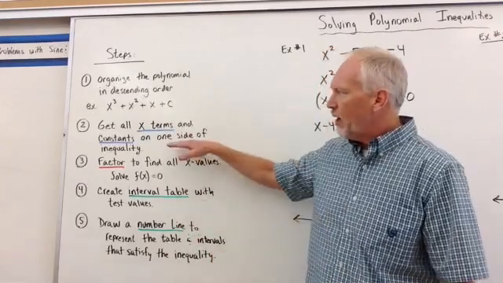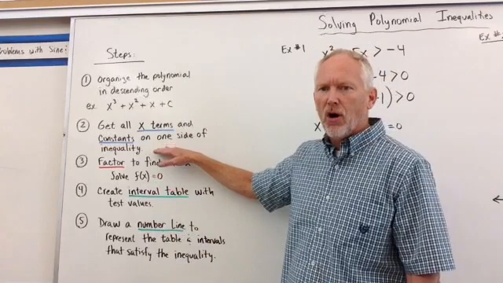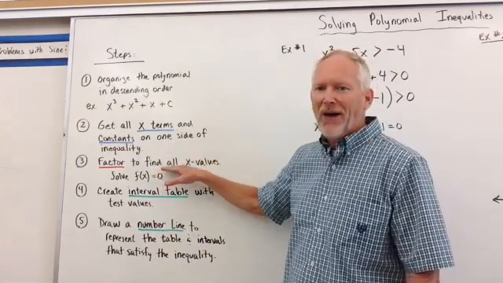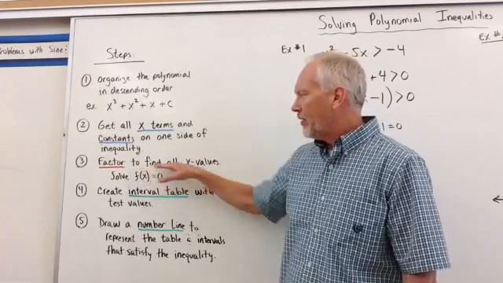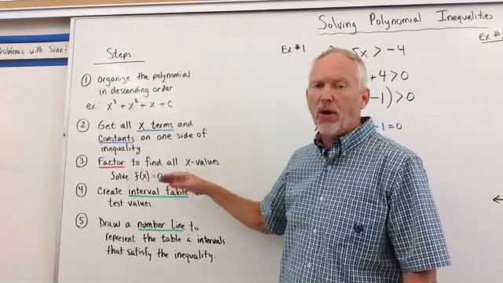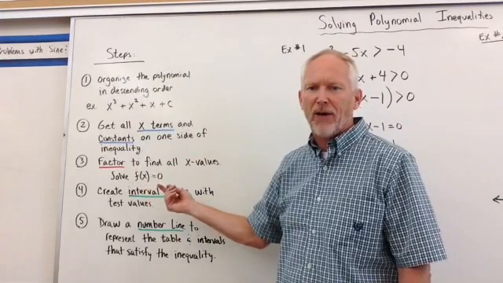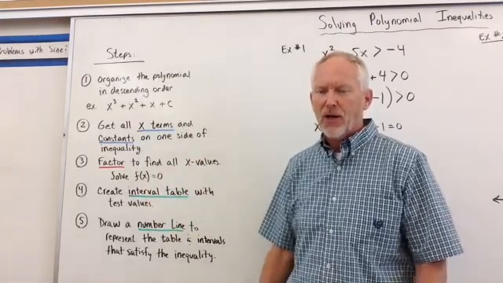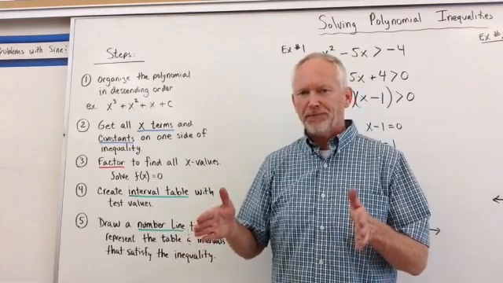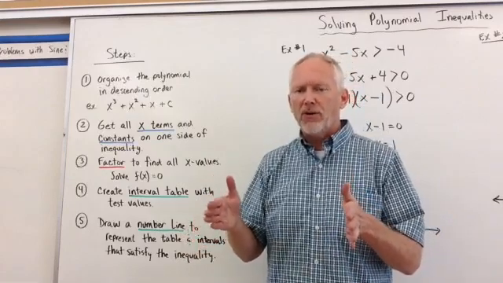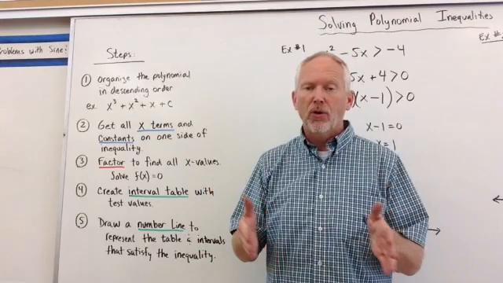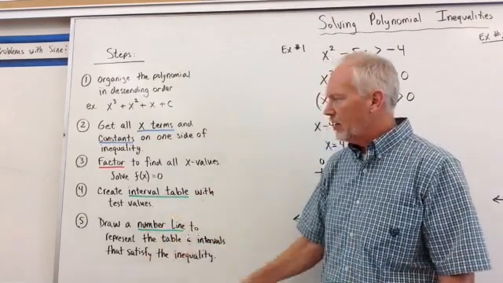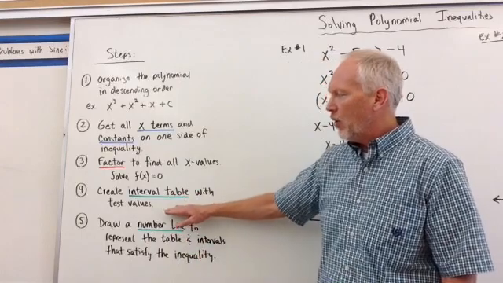All right, once we have all the x terms and the constant on one side of the inequality, the next thing we have to do is factor. So we can factor to find all the x values, or in some cases we can just set f of x equal to 0 and solve for those x values. Those x values will be important as we start to build a table and then a number line to find the solutions that satisfy the inequality.